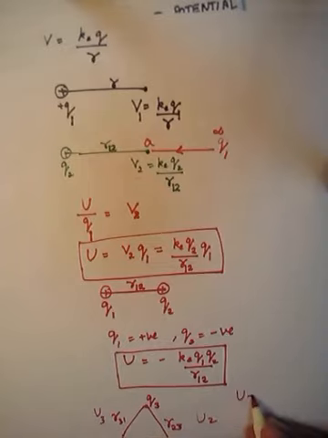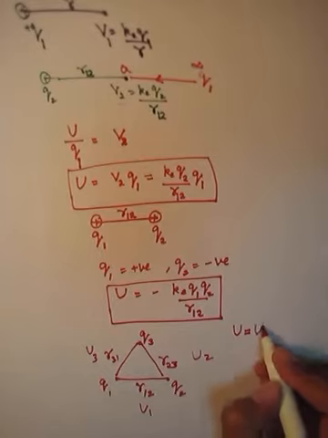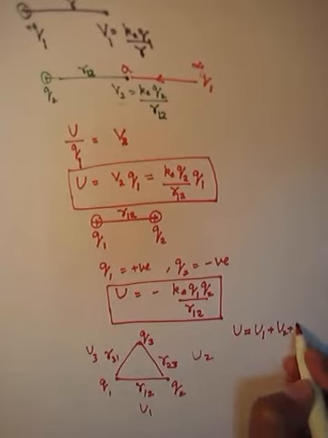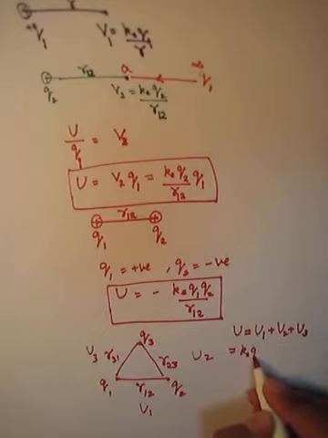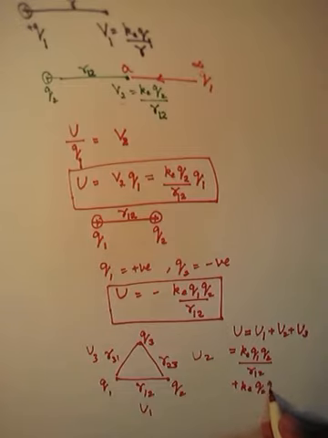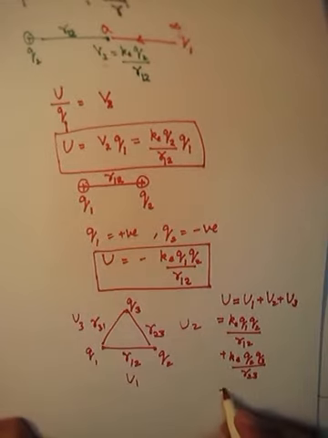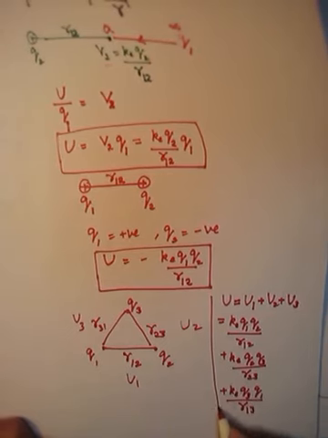So the total potential energy will be U1 plus U2 plus U3, which can also be written as KE Q1 Q2 upon R12 plus KE Q2 Q3 upon R23 plus KE Q3 Q1 upon R13 or R31. Okay, so this will be the total energy of this system.